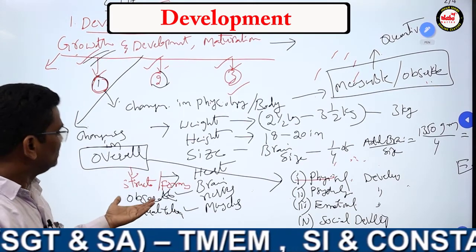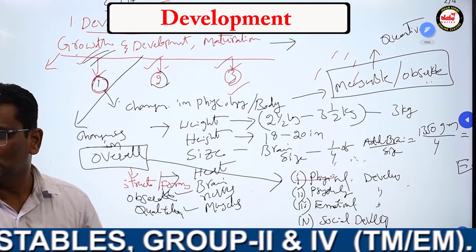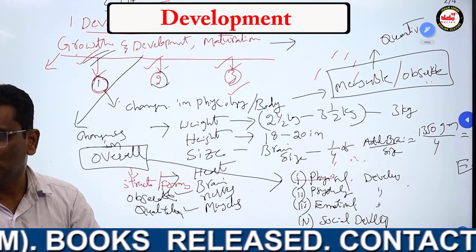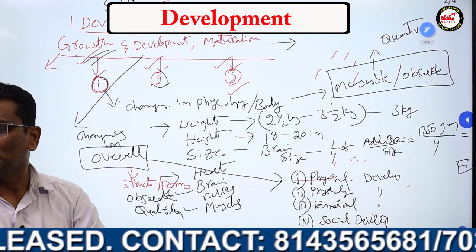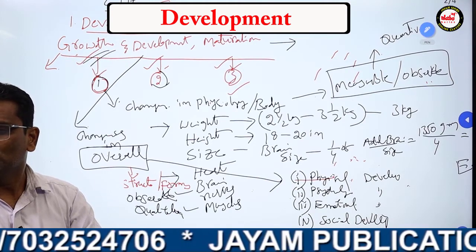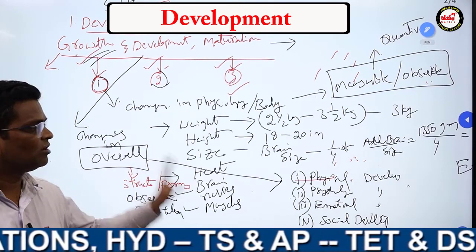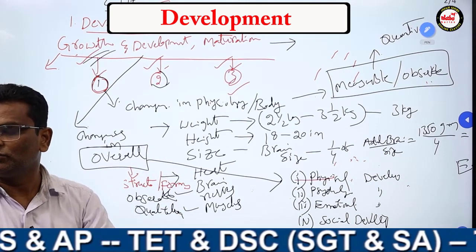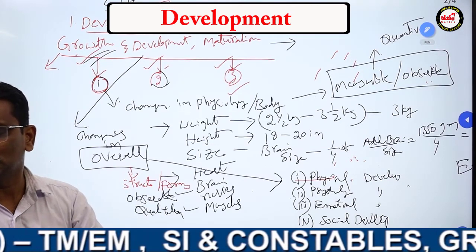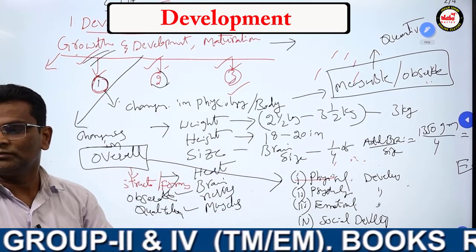And this development is a continuous process, it can't end, but the growth ends. If a person gets maturity, then the growth will end, but this development can't, it is a continuous process, it is a comprehensive process, it is a wider process. This development includes growth also.